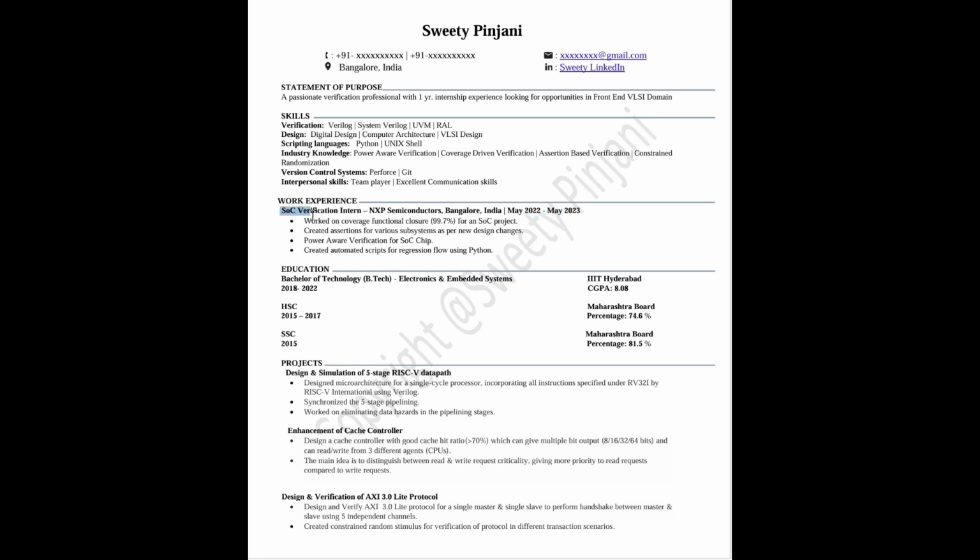I have covered the position, then I have given this hyphen, then the name of the organization, a comma, the location, and then again this separator, and then the duration. So all this information you can easily fit in one line and it still looks good.